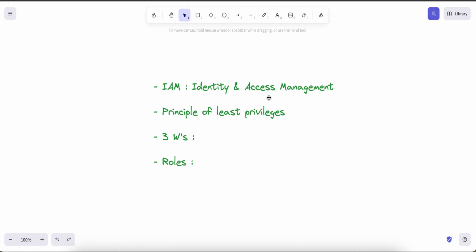And if you think of this at an organization level, where there are multiple teams working on a similar project, or within the same organization, it is very important to define their roles, like whether a particular set of people are coming under a developer, or they are the DevOps person, or they are the admins of a certain database, or a certain file system such as cloud storage.